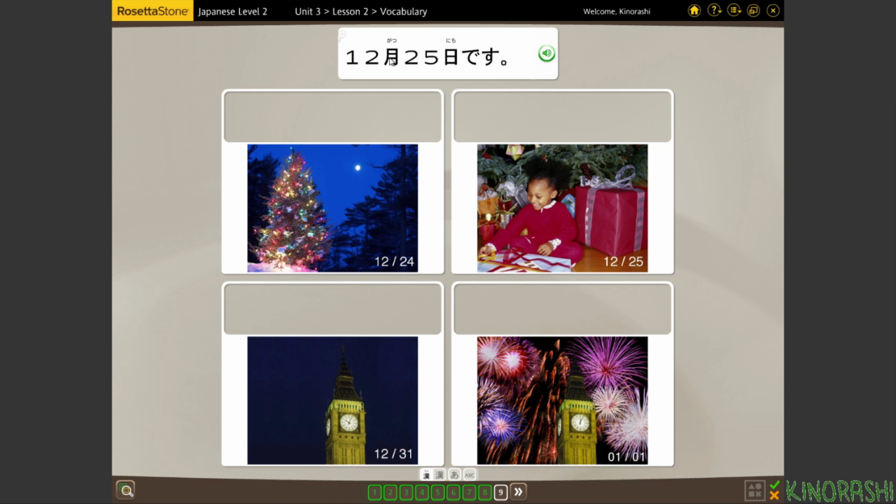Day is nichi. And week is isshuukan. So, 12月25日です. So, 月.